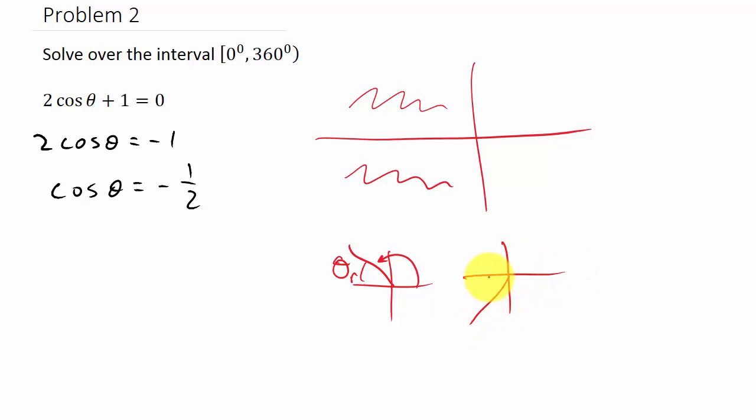And when I find my third quadrant angle, this is my reference angle. Well, what's your reference angle? Your reference angle, remember, is your first quadrant angle.